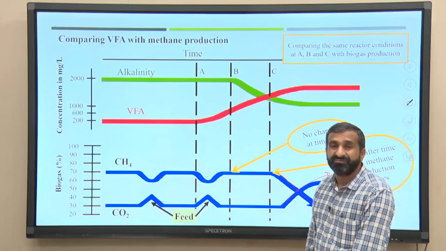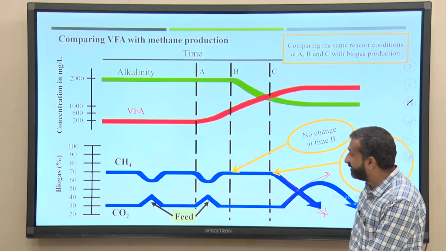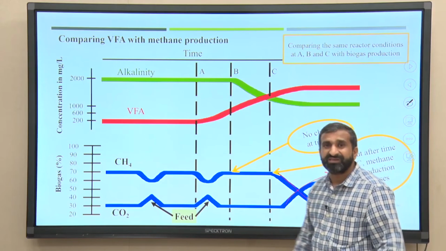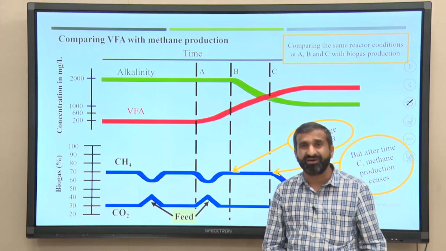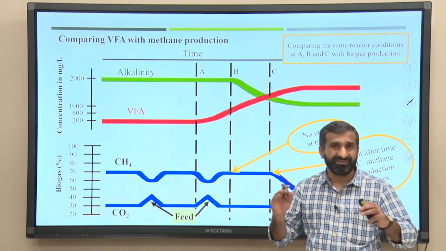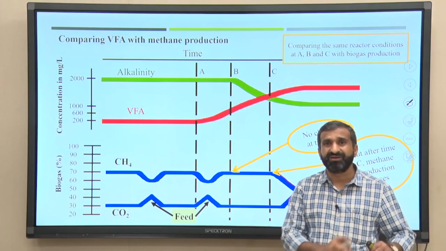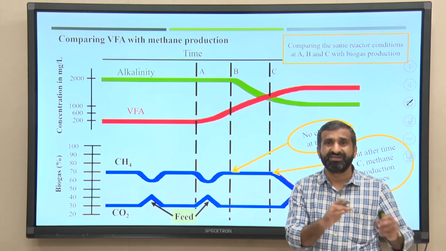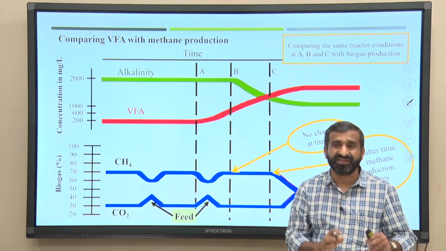So, see how important alkalinity and VFA production are in the reactor. When you monitor or operate an anaerobic digester, from time to time you collect a sample and get it analyzed, alkalinity as well as VFA.